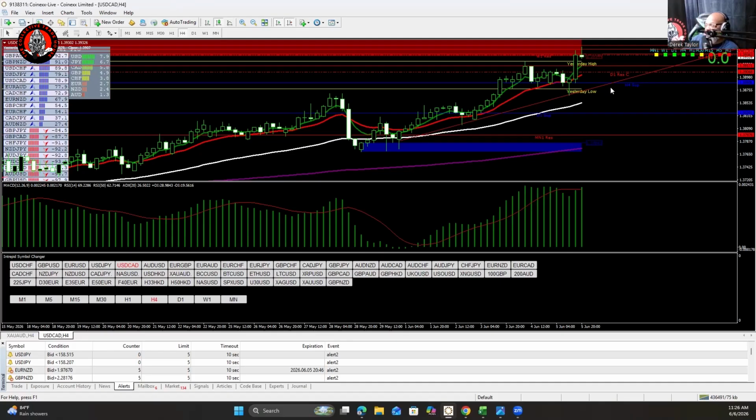And you hear me say the term downward movement because this is not a sell until price breaches the 50 going in the opposite direction, or going past the 50 here.